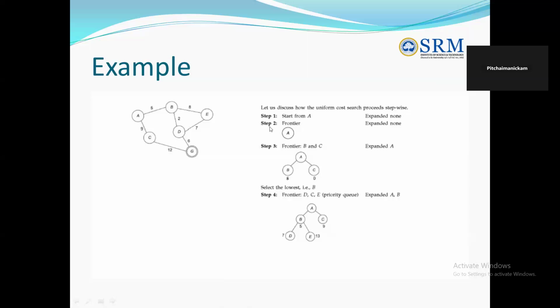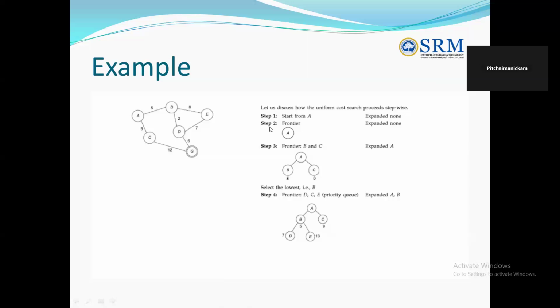Considering node A, we have two different nodes, one is B and another is C. Here you see A to B is 5 and A to C is 9. So you just note it down.